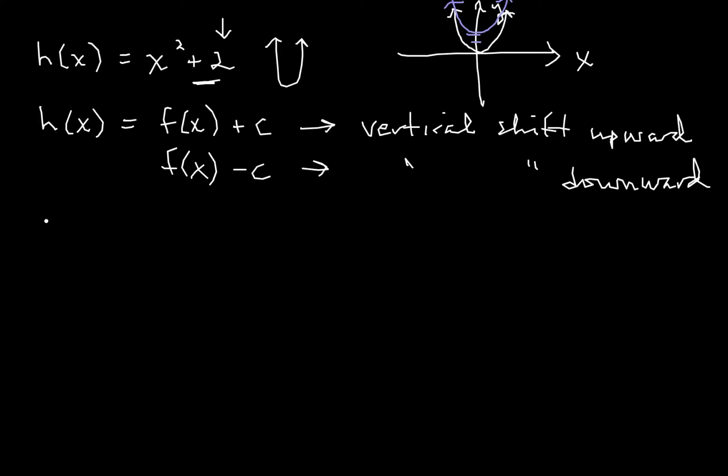So if we had the function g of x equals x minus 2 squared, hopefully my house isn't too loud for us here, you'll notice that the minus 2 is inside of this squared part. So instead of it moving up and down, this one's going to move to the left or to the right, depending if it's minus 2 or plus 2.